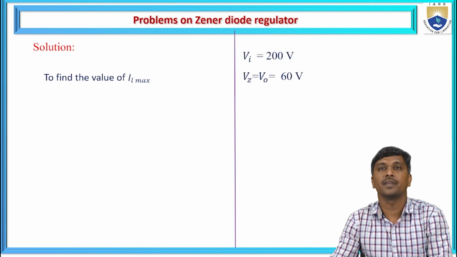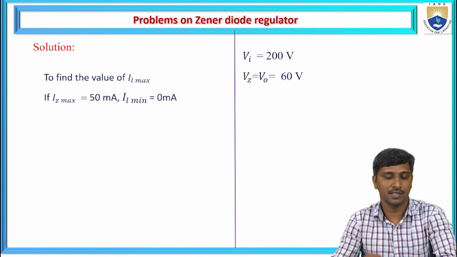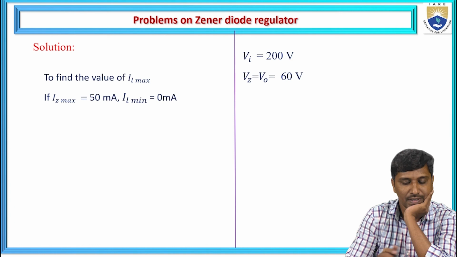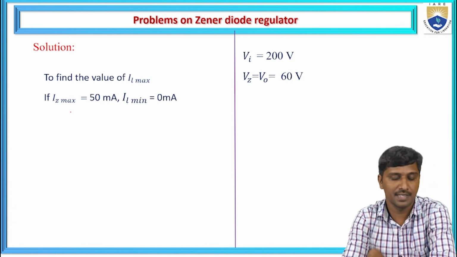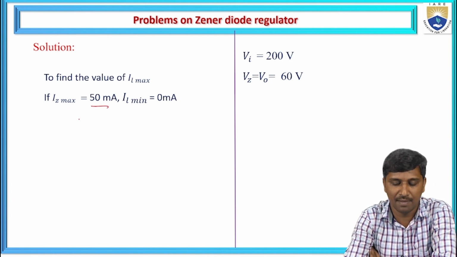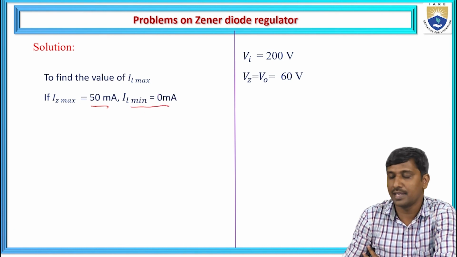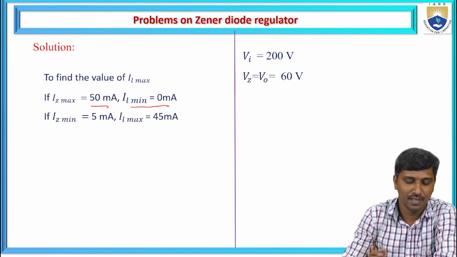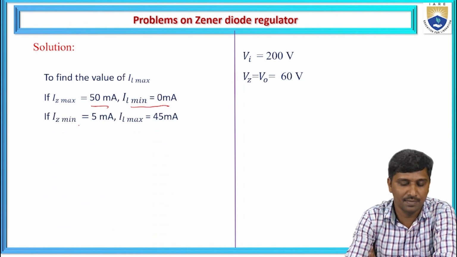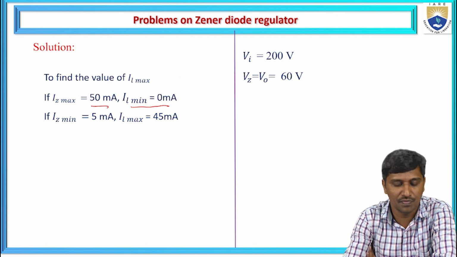Similarly, we need to calculate the maximum load current. If the Zener current is the maximum, 50 milliamperes, then we consider the load current to be 0. Similarly, for IZ minimum, the Zener current flows from 5 to 50 milliamperes.